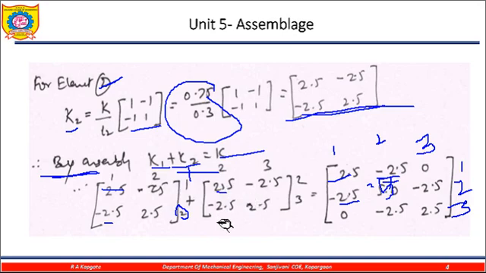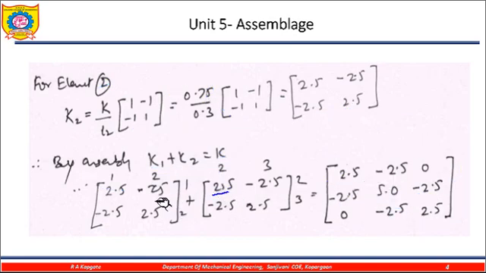Then 2 by 3 is minus 2.5, 3 by 2 is minus 2.5, and this is 3 by 3, 2.5. So here we are getting the assemblage, where only the middle term is affected: 2.5 and 2.5 are added, so we are getting 5.